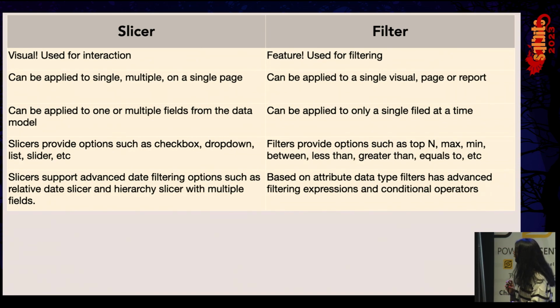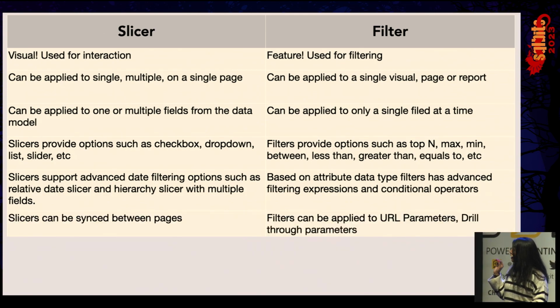And when it comes to date options, slicers have more date options compared to the filters. However, filter has this kind of top N functionality. Whenever I want to show only the top 10 things, that's when I would probably use the filter rather than the slicer.